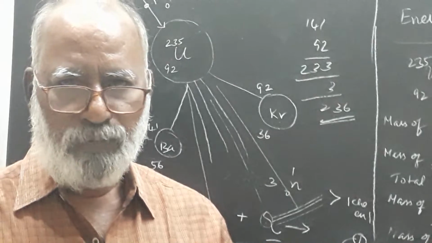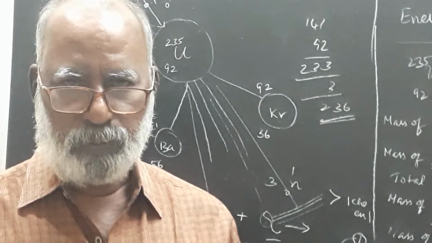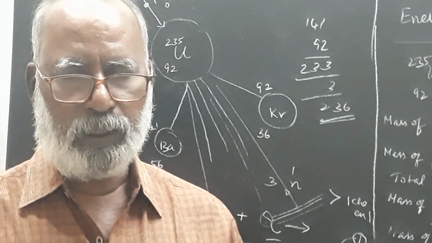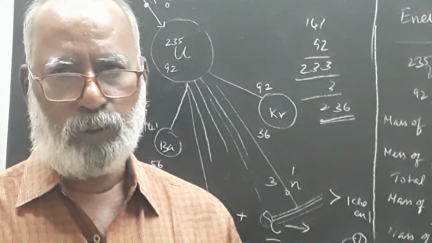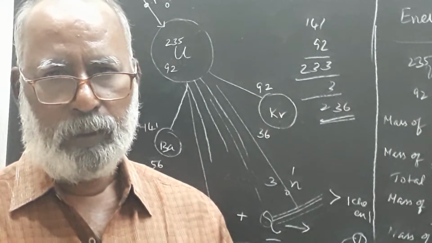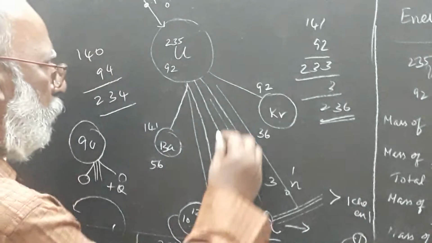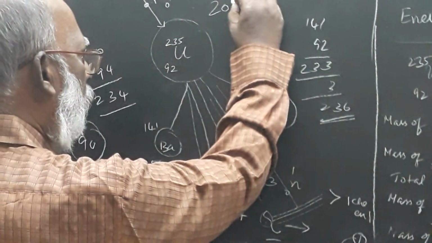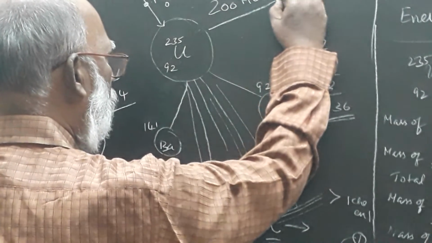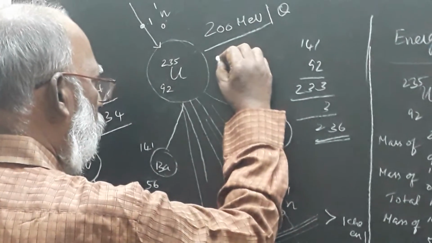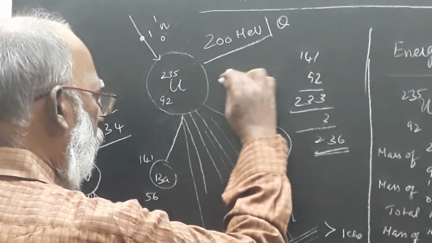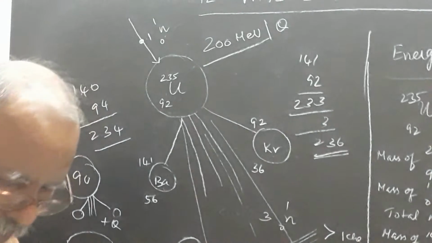The energy released by the nuclear fission process is almost equivalent to 200 million electron volt. This is called Q, and it may be used to operate a bulb.